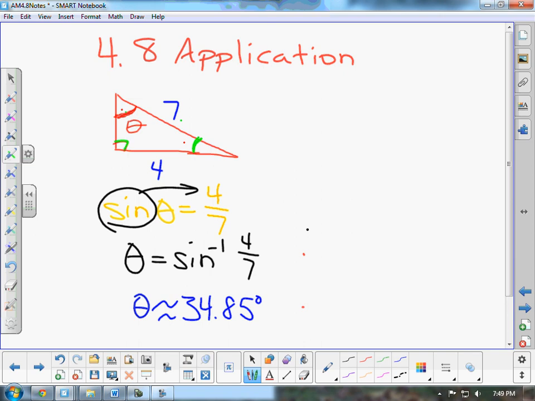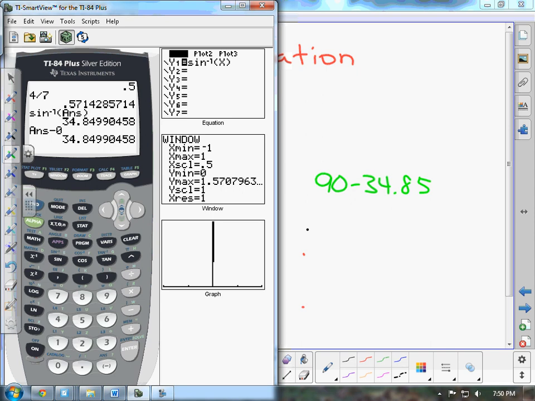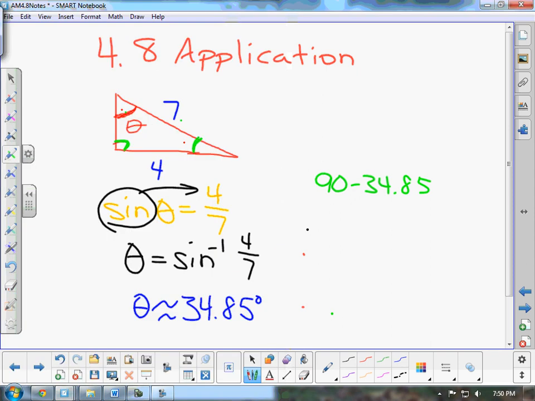Since this is 34.85, this other angle here is part of a right triangle. That's 90, and a triangle totals 180, so these two have to be complementary. You would take 90 minus 34.85, and we'll do it with our calculator so as not to confuse, and you get 55.15 degrees.